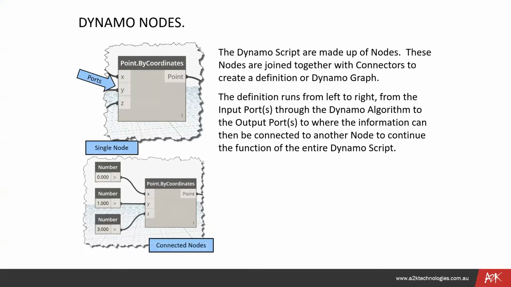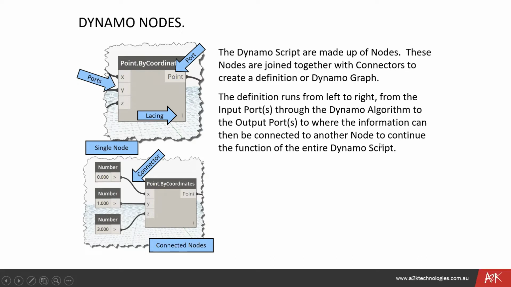These are the nodes. And just to go back to it, so you've got the ports here, lacing, single nodes, and you've got a connected node there. So this one at the top is just a single node by itself. And this is where they're connected with the connections. It's made up of nodes. Nodes are joined together to form a graph or, like I said, Dynamo graph, Dynamo script.